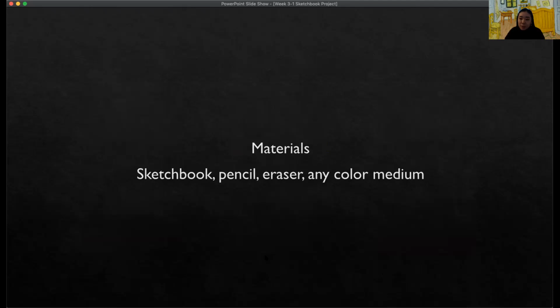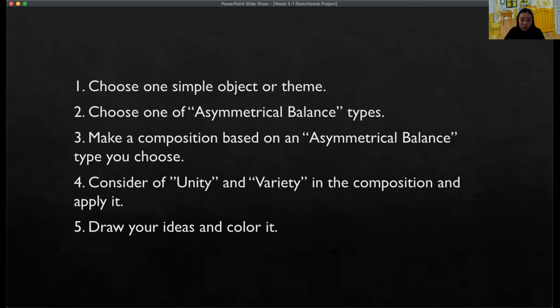For this sketchbook project, you will need a sketchbook, pencil, eraser, and any color medium you have. Here are the steps in detail. Step 1, choose one simple object or theme.